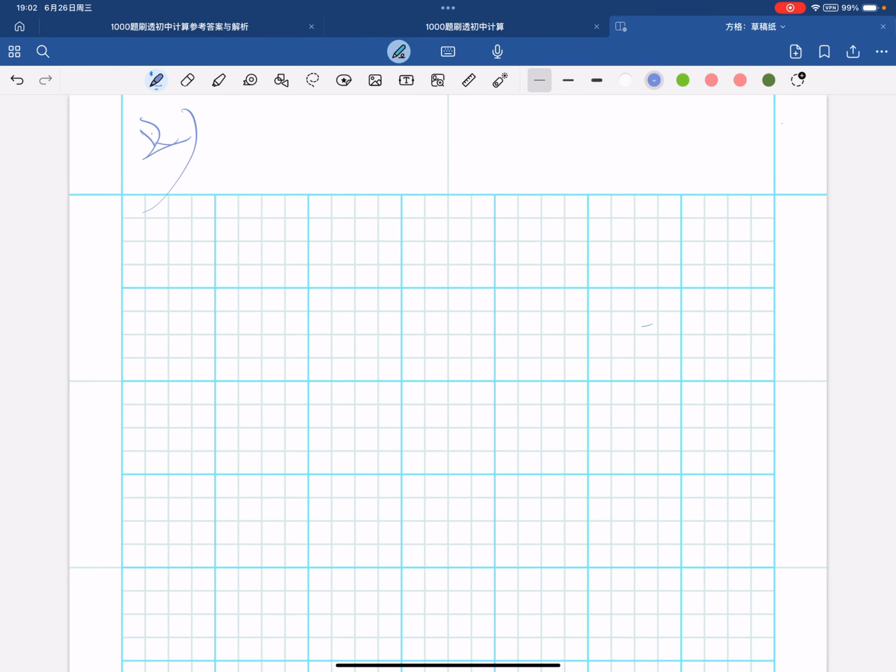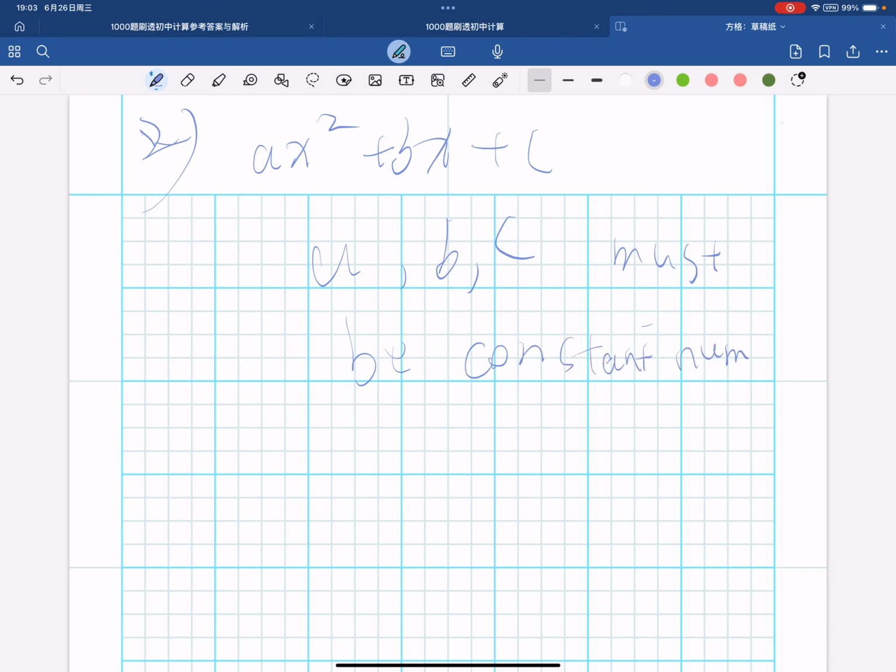Actually, for doing this type of factorization, the sequence we're factorizing must be in the form ax squared plus bx plus c. A, B, C must be constant numbers, which means C is a constant term.